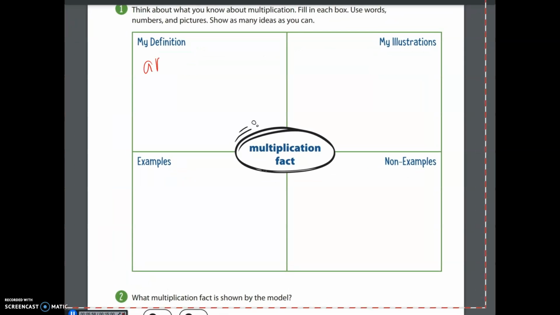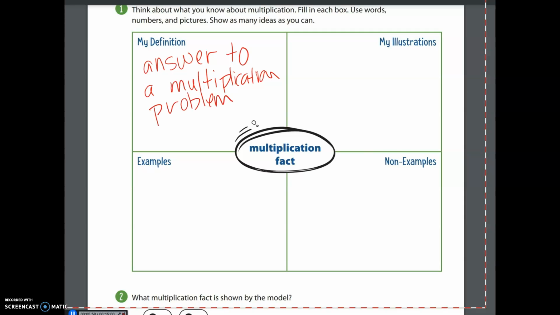It's an answer to a multiplication problem. So one fact that we can remember pretty easy is 2 times 2. Because if we have 2 groups of 2, 2 times 2 would be 4.